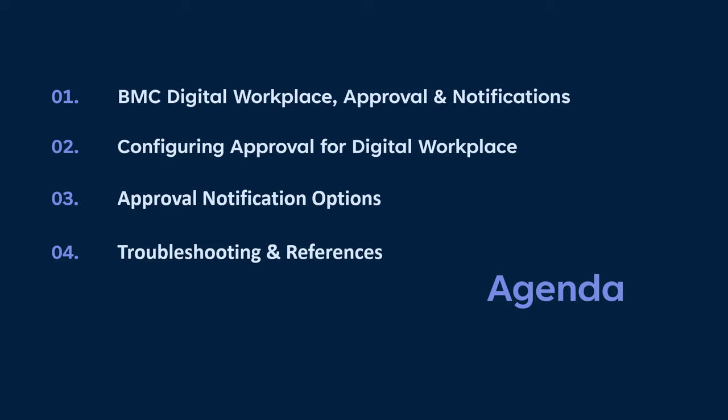We will see how we can select the type of an approval according to our operational needs and the requirements and characteristics of each of the types of approval that we have to select. Then we will discuss the different options, and finally we will see how we can configure personal notification in our profile and global notification using notification templates for Digital Workplace.